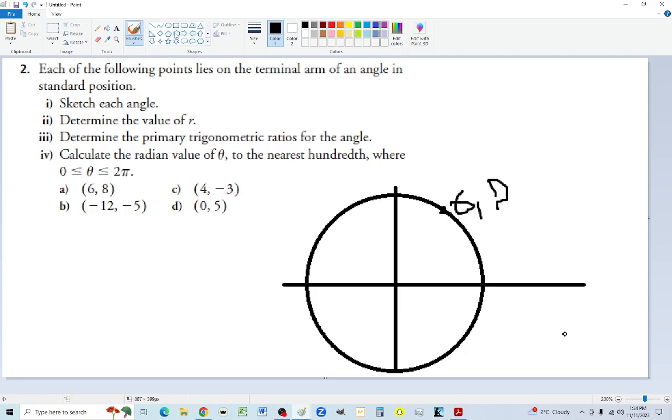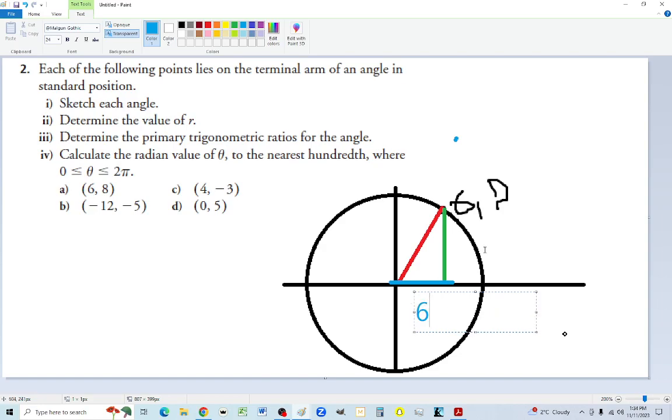Now draw a triangle. First draw the radius arm straight to here. Then draw a green length straight down so it forms a right angle triangle, and a blue length across the x-axis. Since 6 is the x value, the length of this blue side is 6.